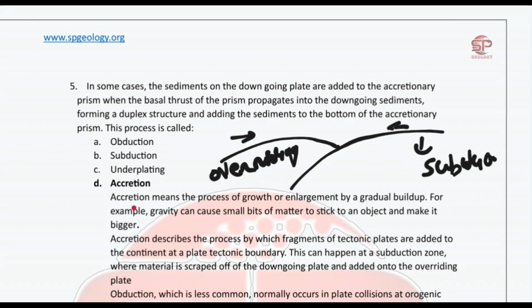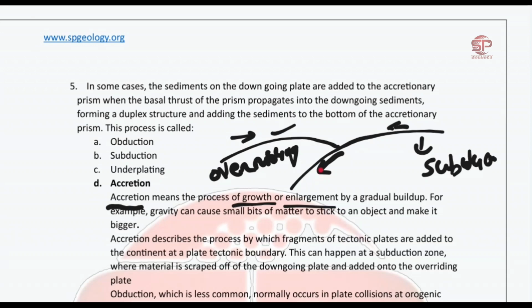So accretion means a process of growth or enlargement. When the subducted plate subducts beneath the overriding plate, material will scrape out from the subducted plate.